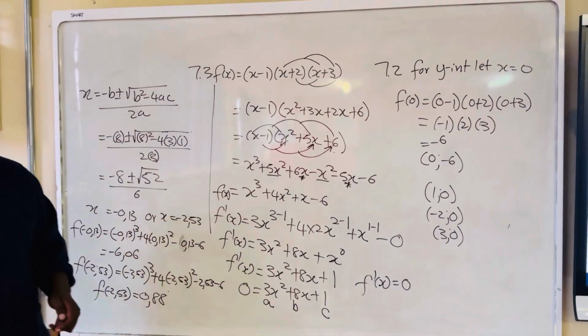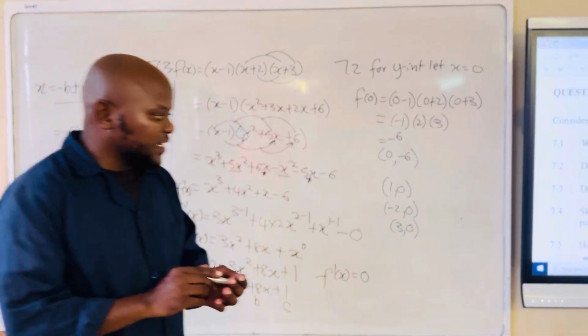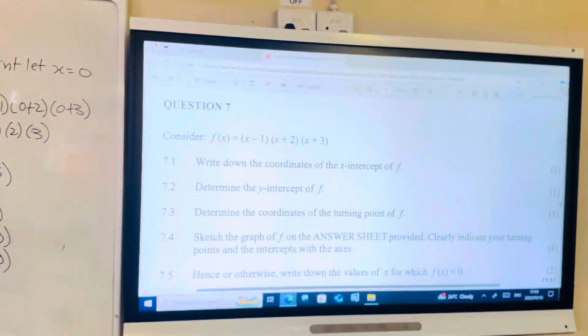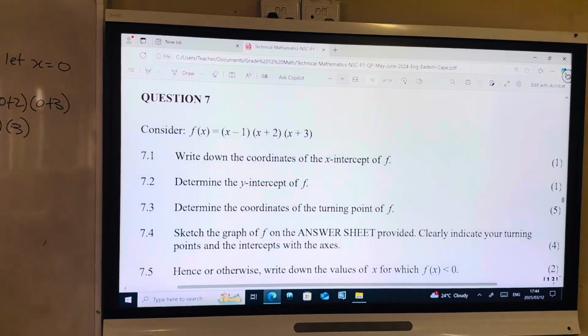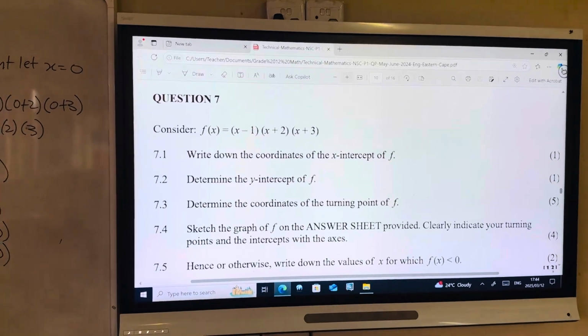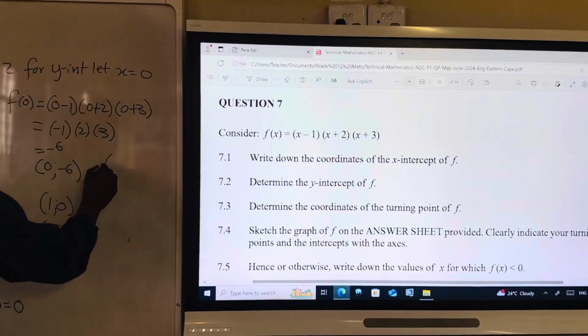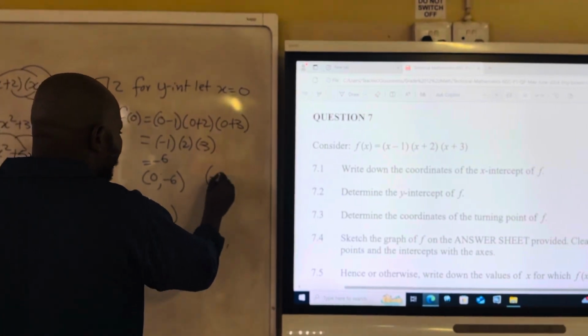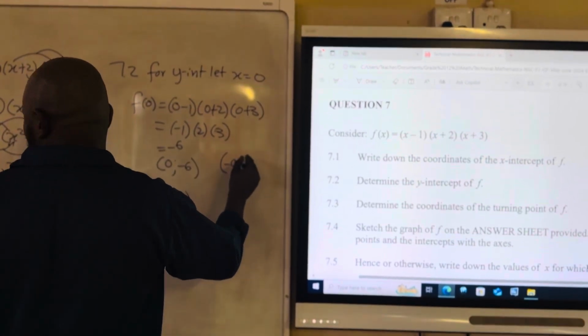So these are our turning points, for 7.3 now. We're just going to wipe this side, because we just got the values of our turning points, which is when x is equal to how much? Negative 0,13, then our turning point will be how much?